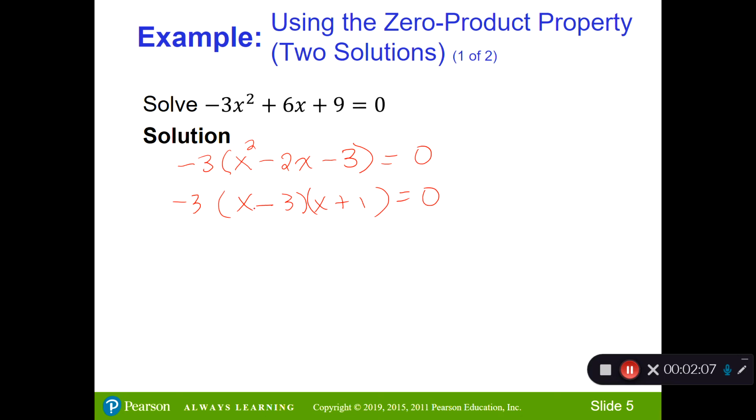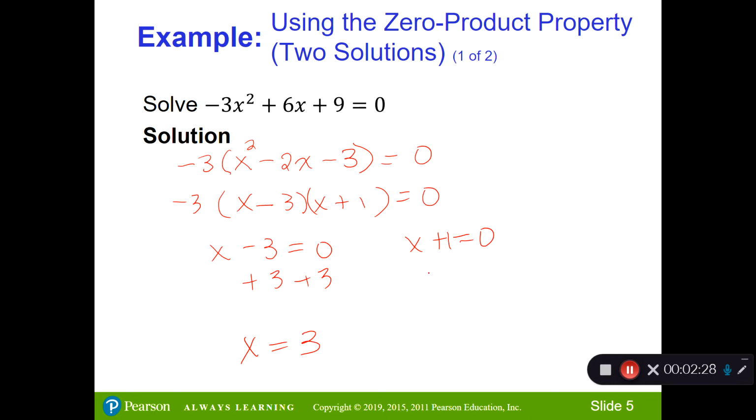So now, setting each factor equal to 0, negative 3 does not equal 0. Equivalently, I could have divided the negative 3 to the other side. But setting this factor equal to 0, x minus 3 equals 0, and x plus 1 equals 0. Solving each one of those gives me the solution set.